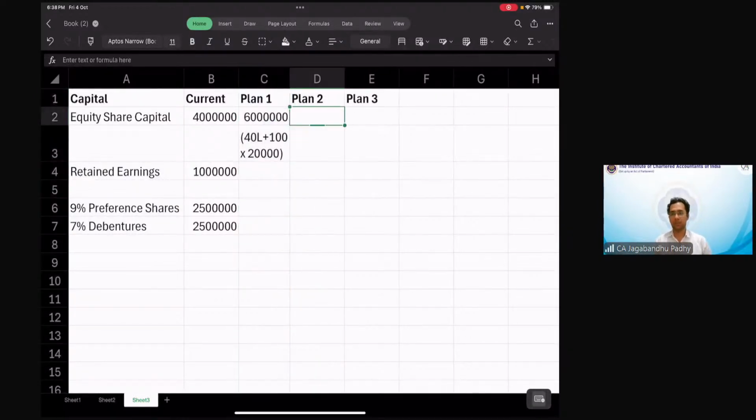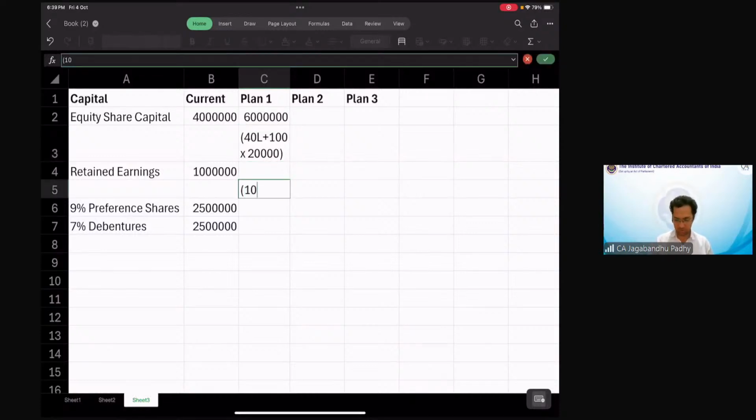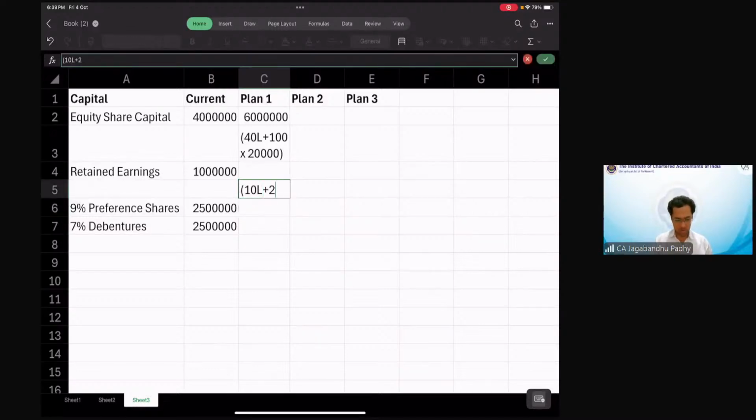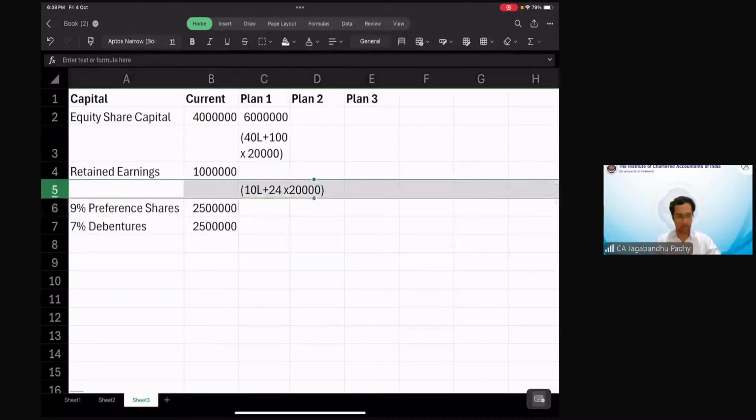Now, 100 is what we have considered. What about the 25 rupees? Originally the reserves were 10 lakh. To that, we add 25 rupees multiplied by 20,000.